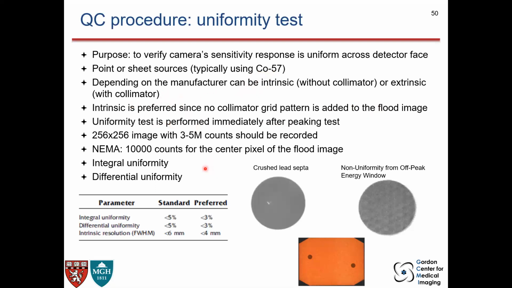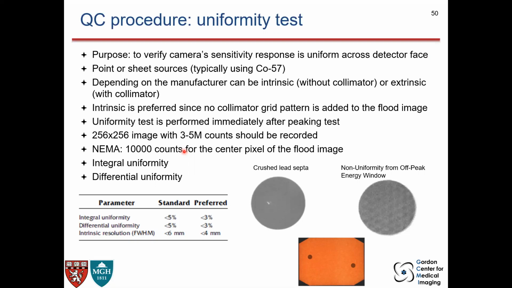And depending on the manufacturer recommendation, this procedure, the uniformity test, can be done with or without a collimator. Without a collimator is called intrinsic, with a collimator is extrinsic.